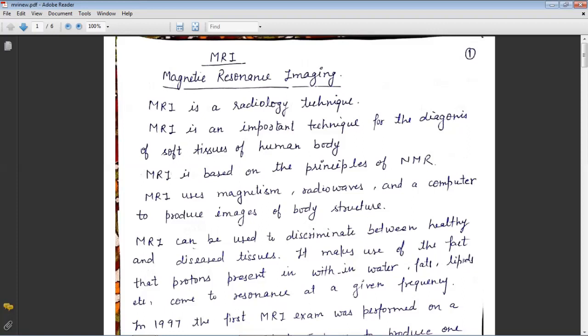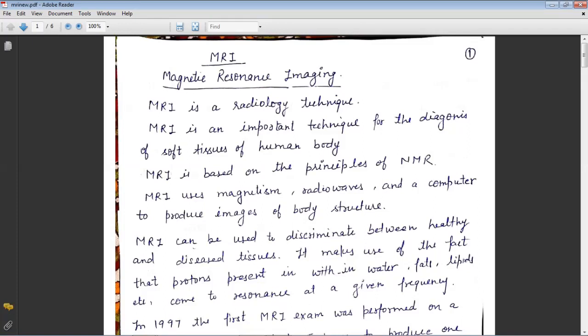MRI is based on the principle of nuclear magnetic resonance, and we all know about NMR spectroscopy and its principle. MRI was first used to examine a human being in 1997.